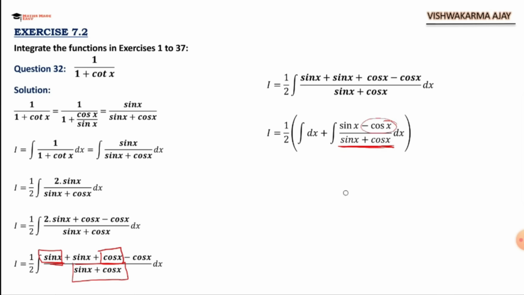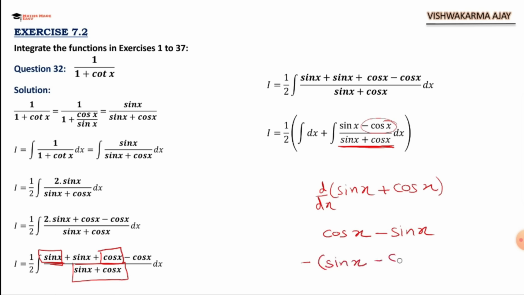Let me write here d upon dx of sin x plus cos x. The derivative of sin x is always cos x, and for cos it is minus sin x. If I take the minus sign common, I can write here sin x minus cos x.